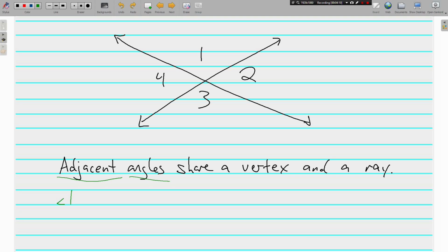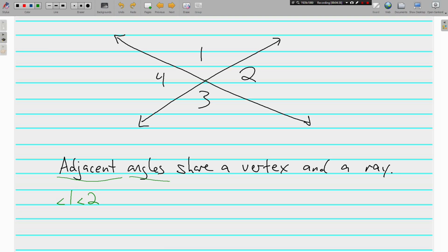Angle 1 and angle 2 are adjacent. Adjacent means next to, but when you get technical with geometry terms, all 4 of these angles could be considered next to each other because they're so close. But mathematically, they're only adjacent if they share a vertex and a ray.